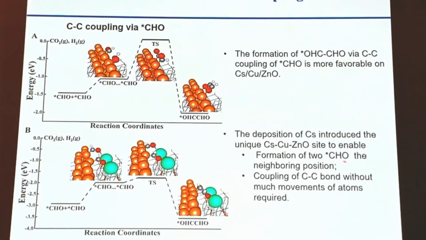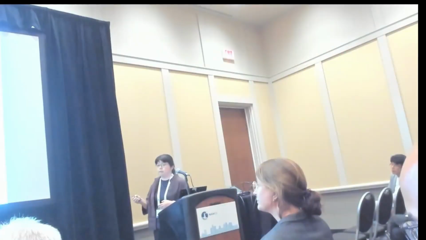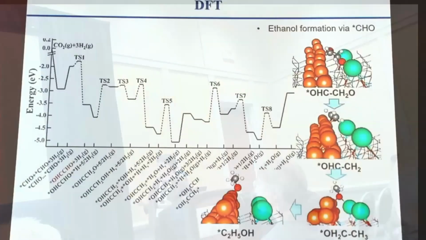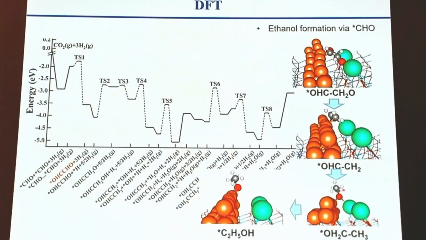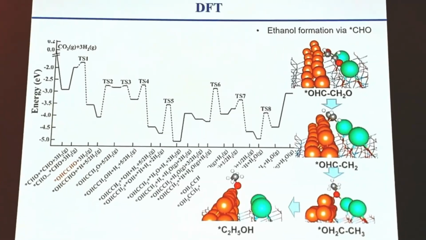So therefore, it can go beyond C1 and get to C2. In fact, what we find here is that once the C-C coupling for the formate occurred, the intermediates can go through further hydrogenation, C-O bond breaking, and then further hydrogenation all the way to the metal. There's no experience on that.